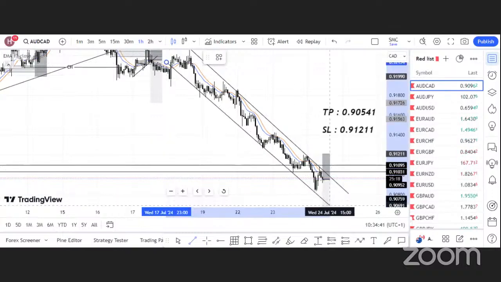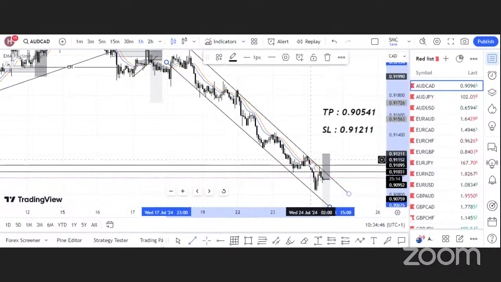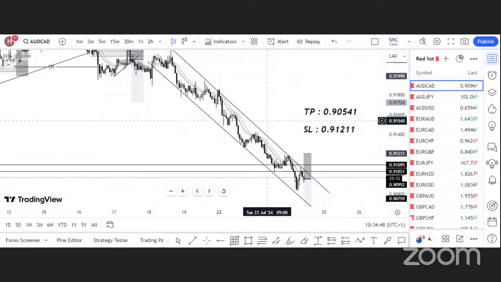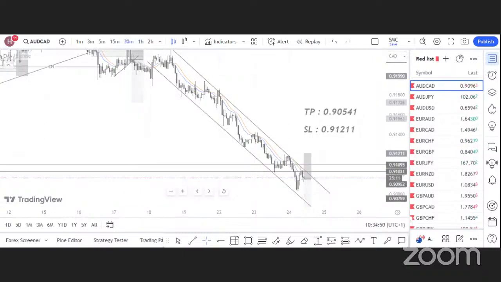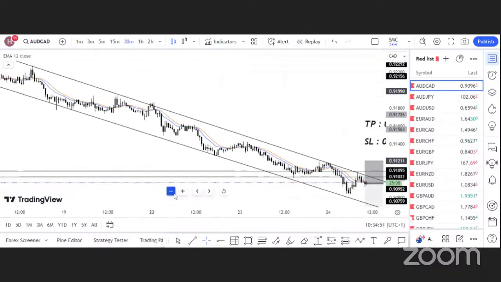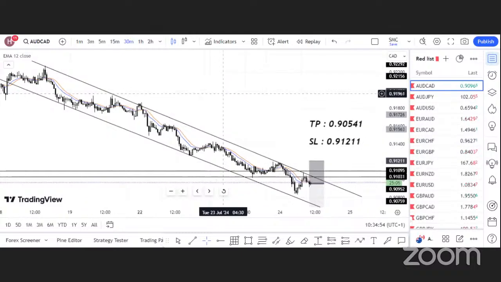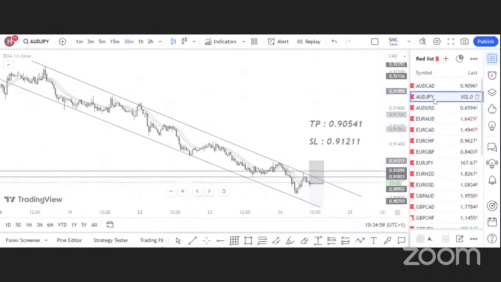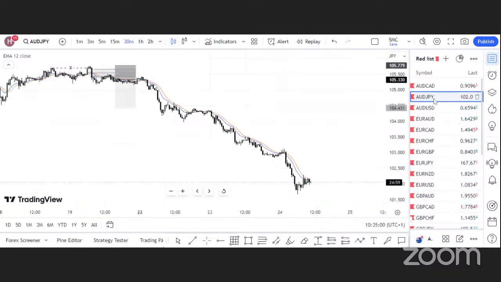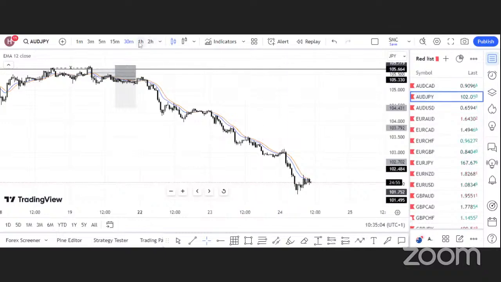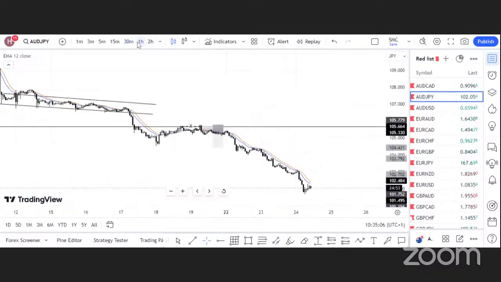Let's see if we can get another opportunity. All right, so we have AUD JPY. Let's go to the higher time frame.